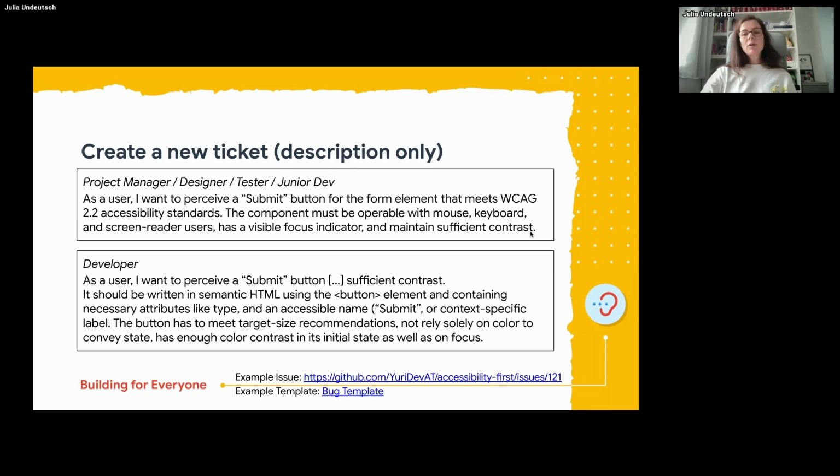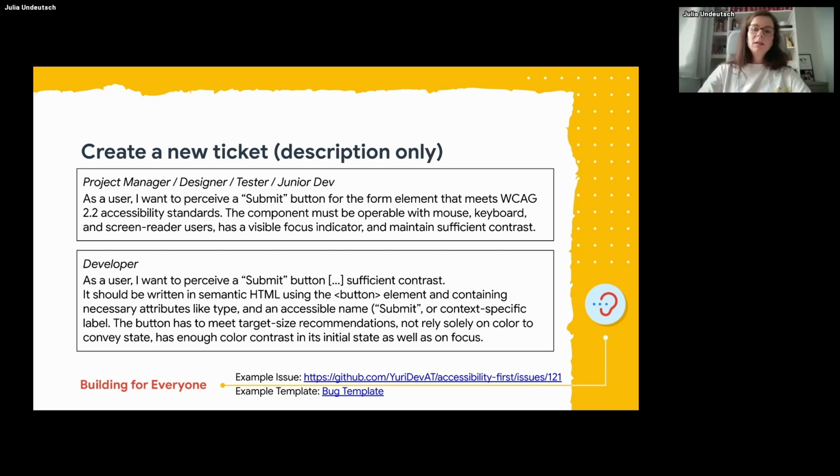And if this is not enough for the developer, then they at least have so many keywords they can look up, like, okay, what does the person or the project manager mean with keyboard? Because I'm a mouse user, why would it be important? I think the main key terms are available.